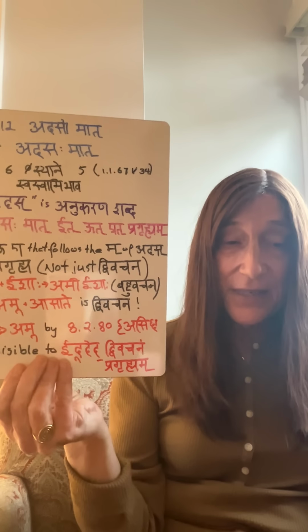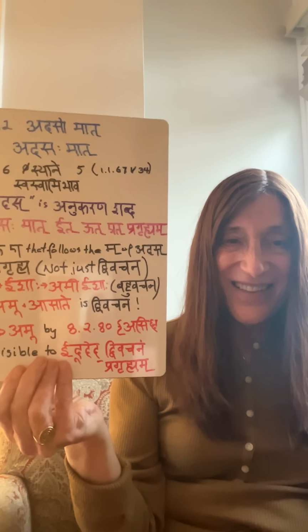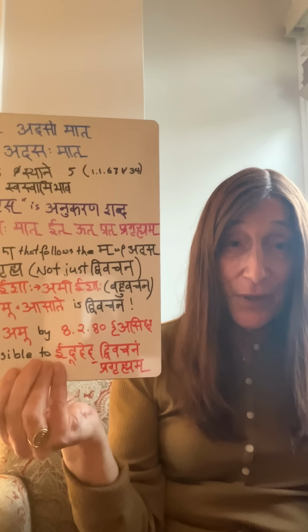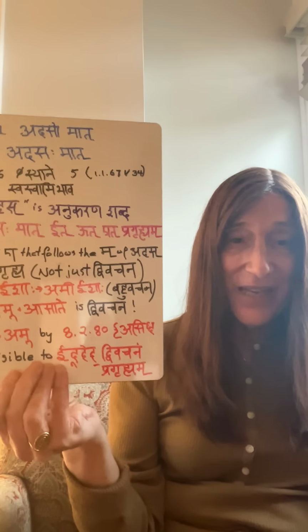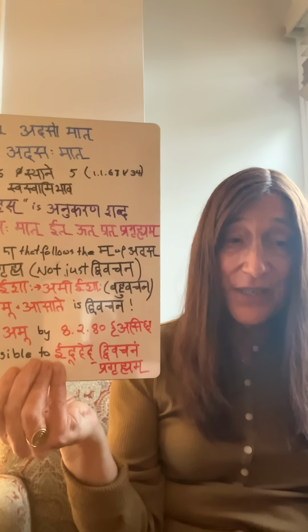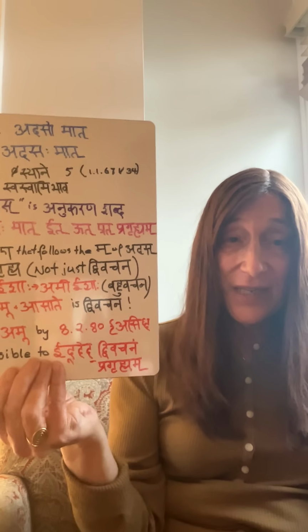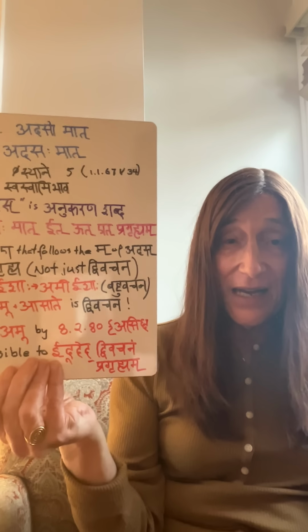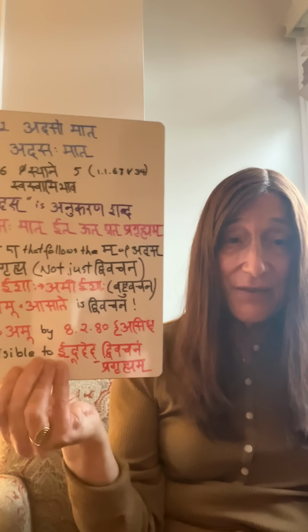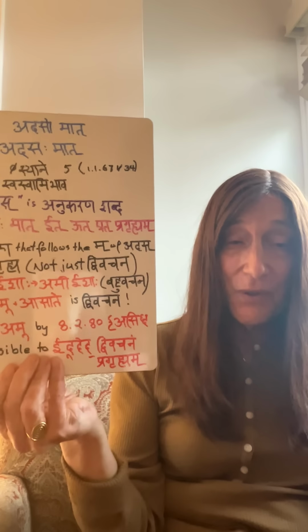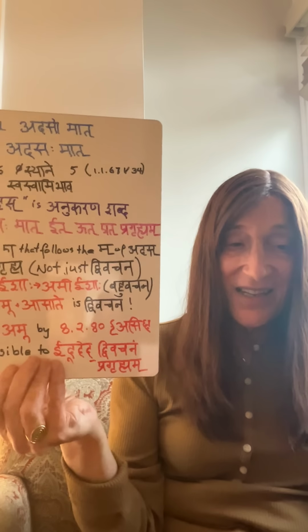What that means is that the change of adai to amu is invisible to idu de dvivachanam pragrihyam, the preceding sutra. So as far as that goes, idu de dvivachanam pragrihyam does not apply to amu because it only sees adai.